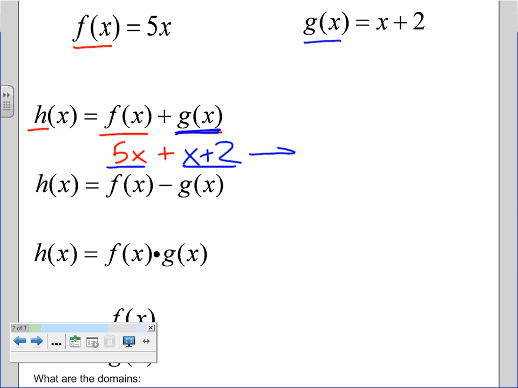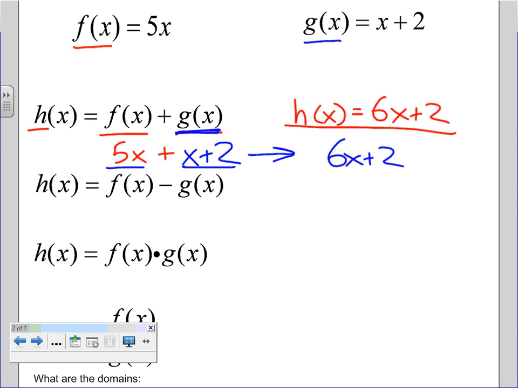So what does that equal? We have like terms. 5x plus x is 6x plus 2. So we can simply say that h of x is equal to 6x plus 2. All we did was simplify. So h is composed of f and g being added together, combining like terms.